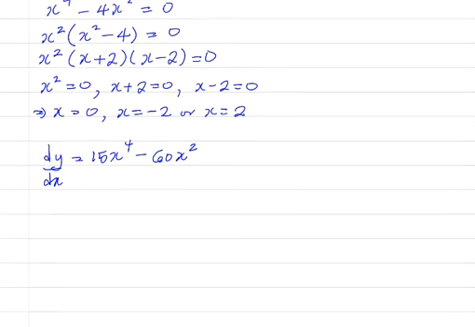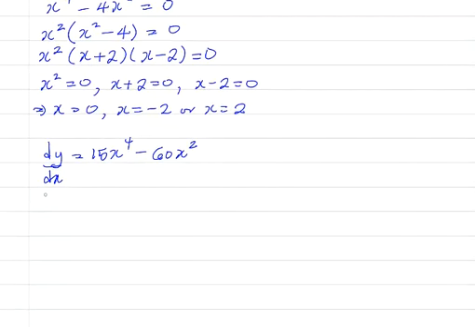So let's differentiate. d2y by dx squared would be equal to 60x to the third minus 120x.